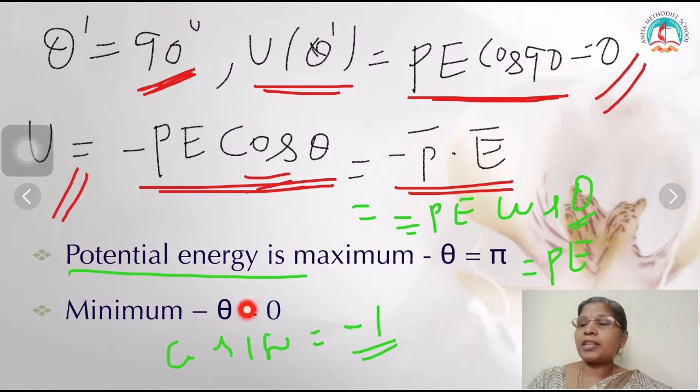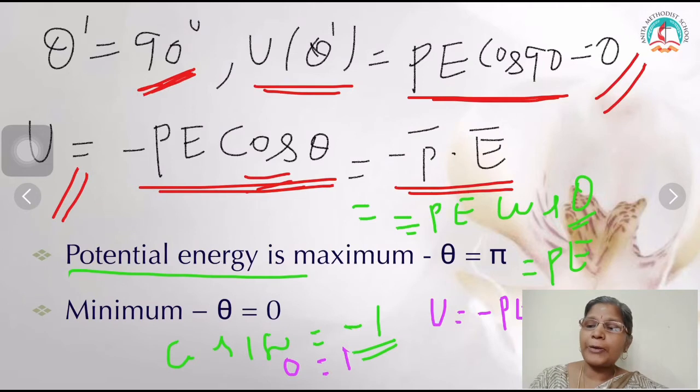When I am assuming theta value equal to 0, cos 0 value is equal to 1, so the potential energy I will get is minus PE. It is a negative value, so the value is minimum.